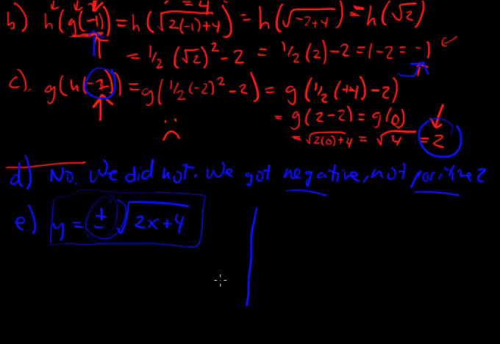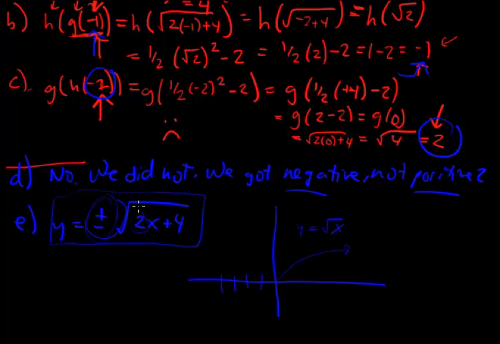So if we graph it, we can see right away. So here is the graph. If you remember, the square root of x looks like this, right? Y equals square root of x. This now is going to be multiplied by 2 and add 4. So that 4 shifts it to the left.